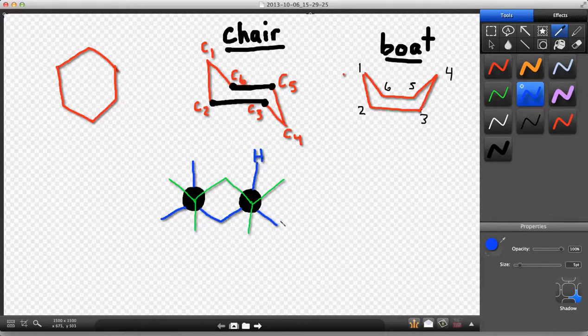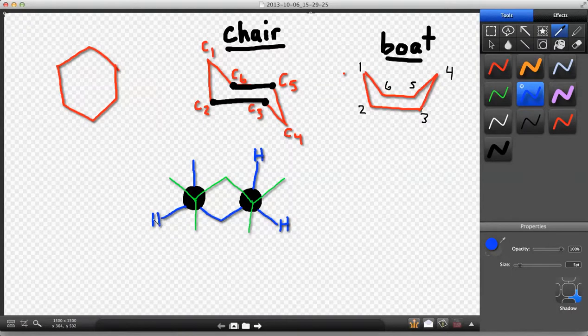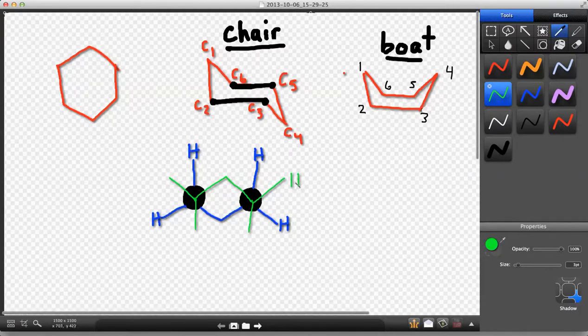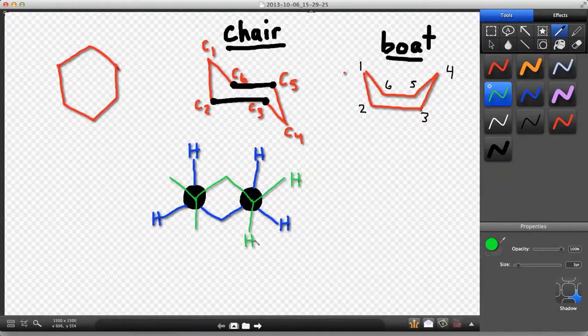I'm going to fill in the hydrogens. This does take more imagination than the first example with butane that I did for you earlier.